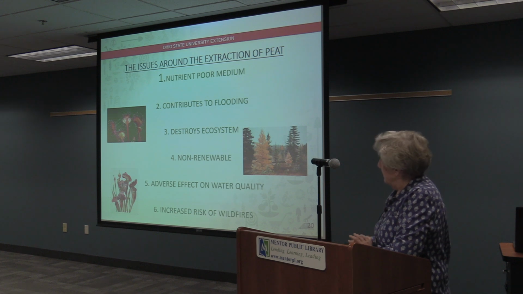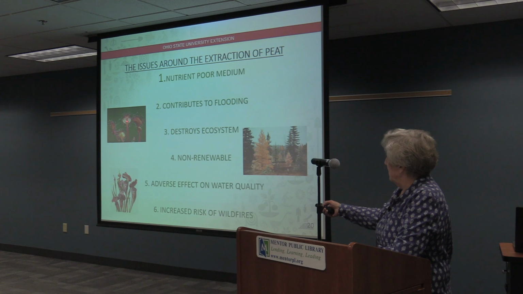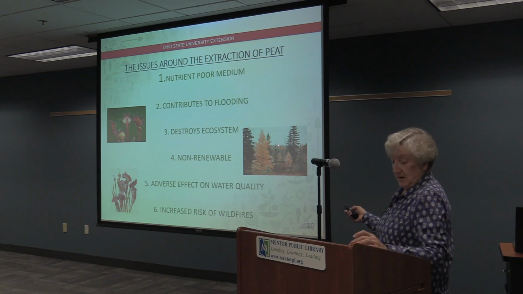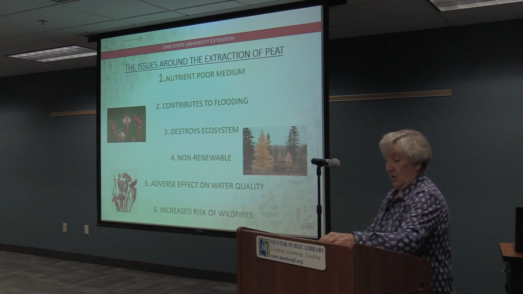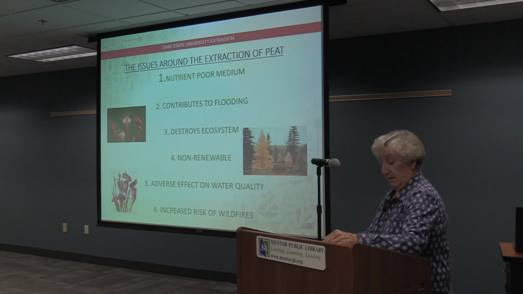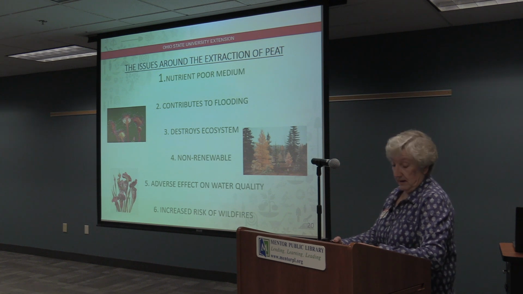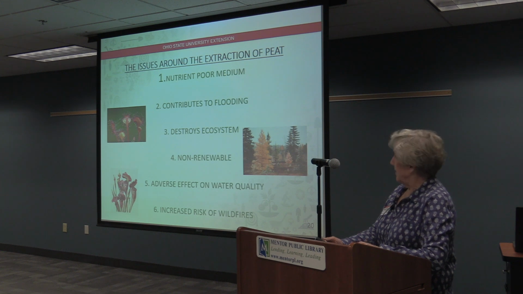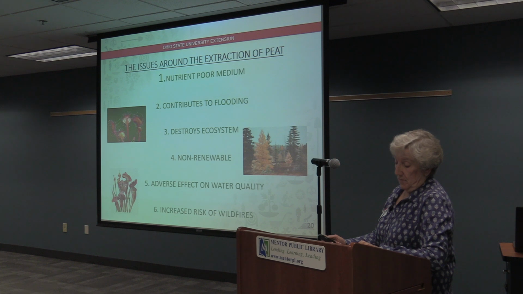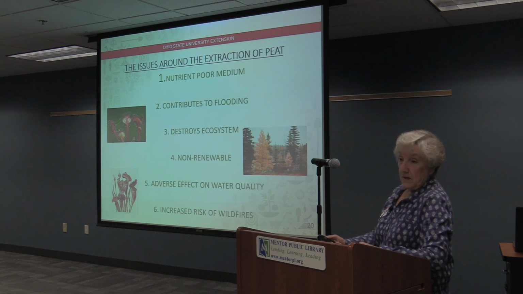This is the pitcher plant, the sundew, and this is the tamarack or eastern larch, which all prefer to grow in a bog. Okay, the fourth reason to halt the extraction is our inability to restore the bogs. So far, in spite of best efforts, bogs have proven to be a non-renewable resource.